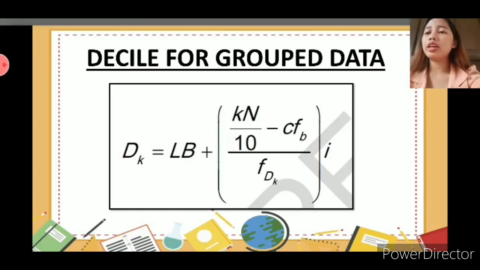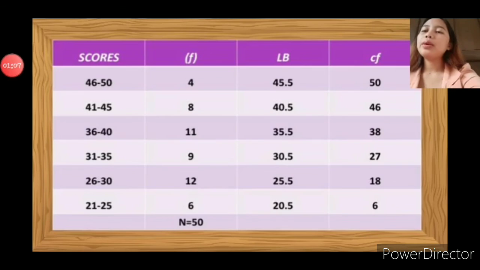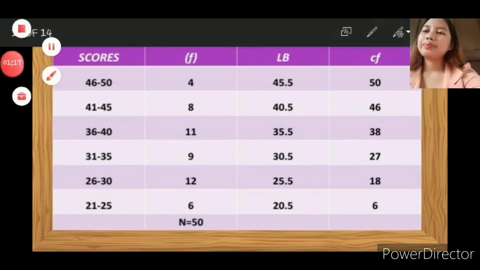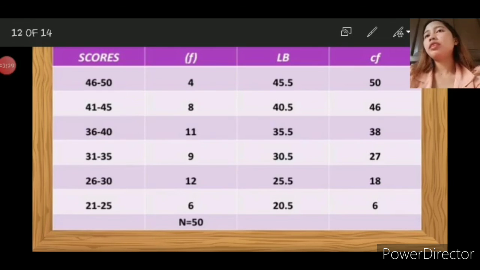And we have here the table. Since the table is provided, you no longer need to calculate its interval. In getting the cumulative frequency, all you need to do is add the frequencies from the nearest class interval to the greatest class interval. We have here 6, the nearest class interval. And 6 plus 12 equals 18.